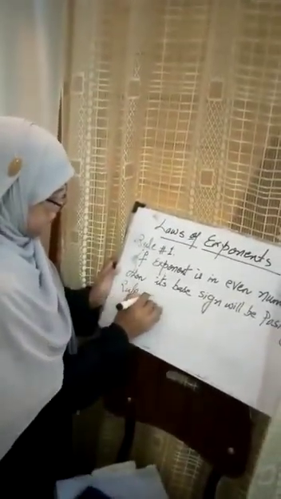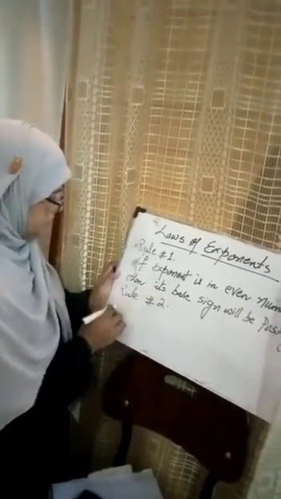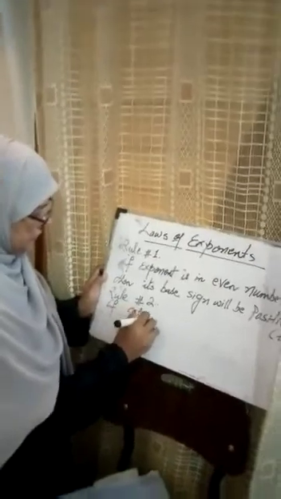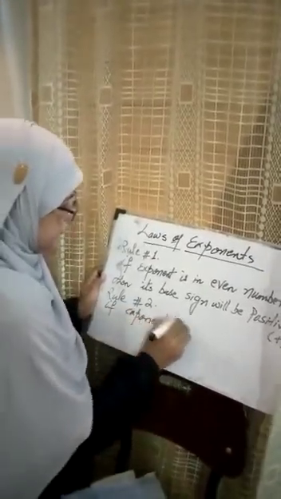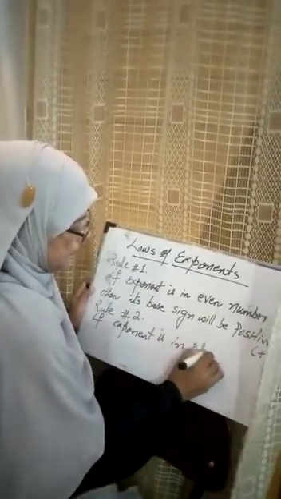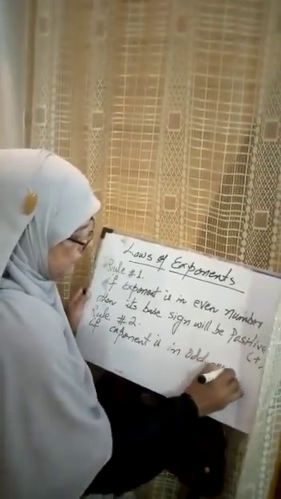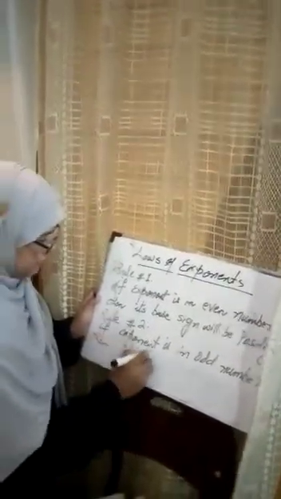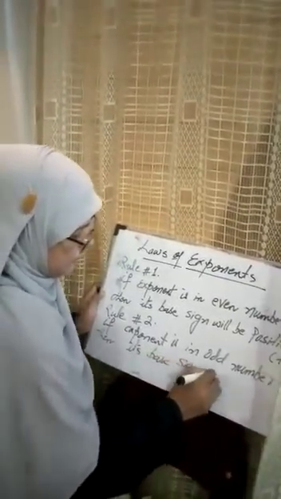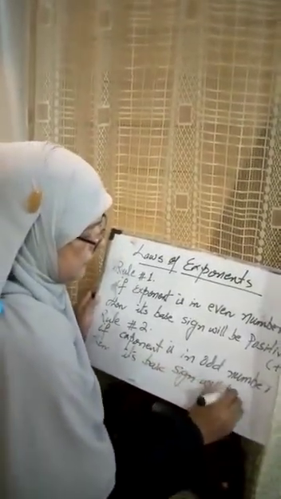Similarly, rule number 2: if the exponent is an odd number, then its base sign will be negative.